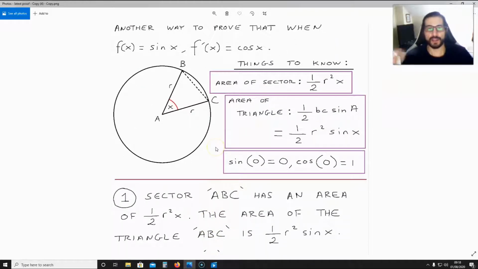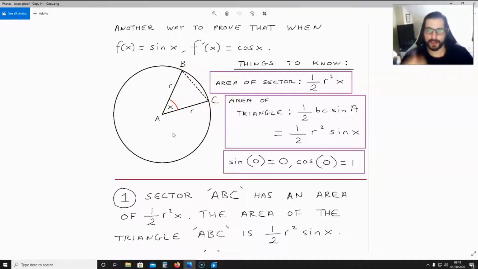So what I'm saying here is that when this angle x gets very, very small, the area of this isosceles triangle becomes virtually equivalent to the area of the sector ABC.